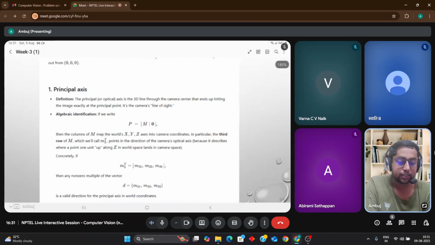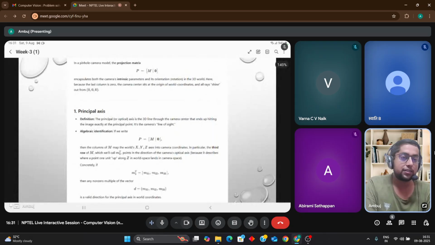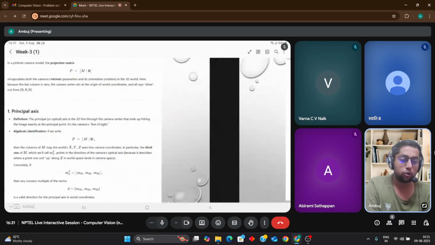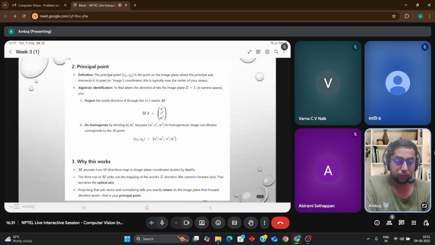This is a valid direction for the principal axis in world coordinates. The principal point (Cx, Cy) is the point on the image plane where the principal axis intersects it. In pixel coordinates, this is typically near the center of your sensor.